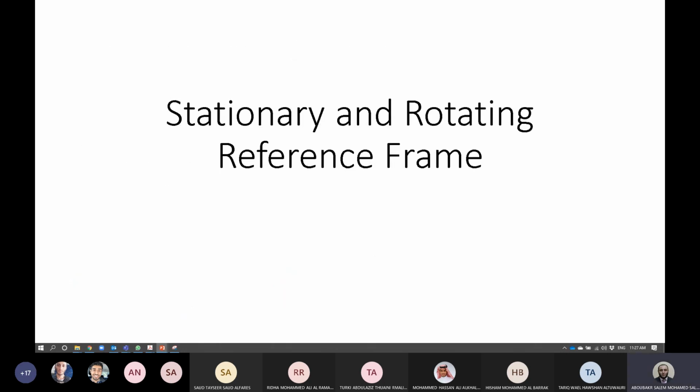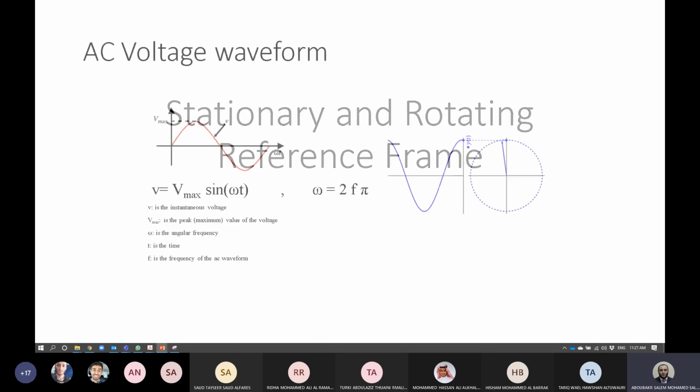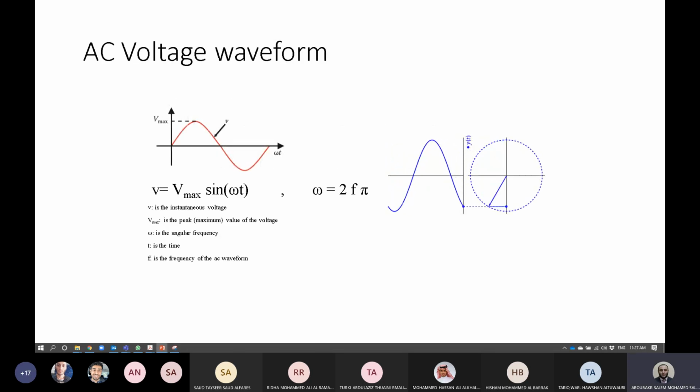So firstly, in order to understand the stationary and rotating reference frames, let's start from scratch. The vector, or the sine wave, is nothing but a rotating vector.